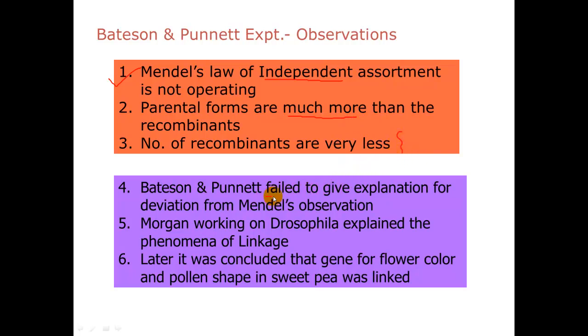As I told you, they failed to explain why their result deviated from Mendel's observation. Later on, Morgan did the experiment on Drosophila and explained the phenomenon of linkage. On the basis of Morgan's experiment, it was later concluded that the genes for flower color and pollen shape in sweet pea were linked. So that is why the parental combinations were much more than the recombinant ones.